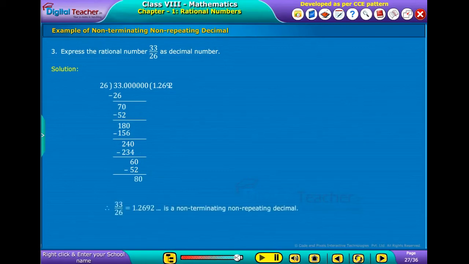Therefore, 33 by 26 is equal to 1.2692, which is a non-terminating, non-repeating decimal.